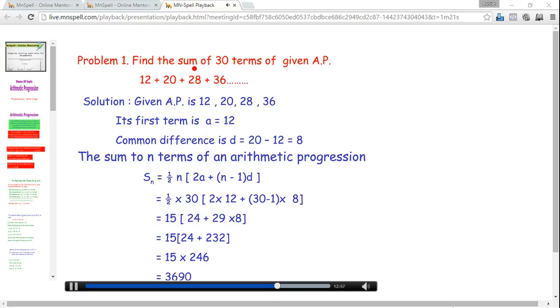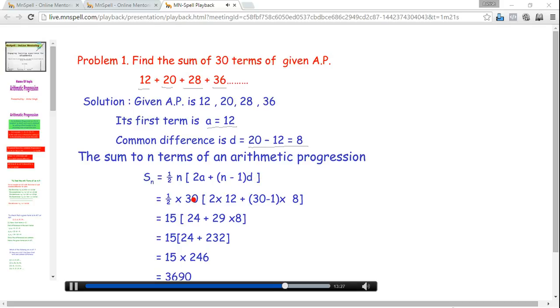Let us find the sum of 30 terms of an AP. We are given the AP series as 12, 20, 28, 36 and so on. We have to find the sum of the first 30 terms. So A equals 12, and D comes out to be 8. Now use the formula Sn equals n by 2 times (2A plus (n minus 1) times D).